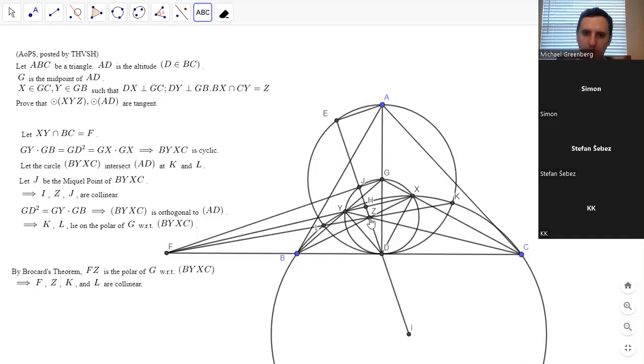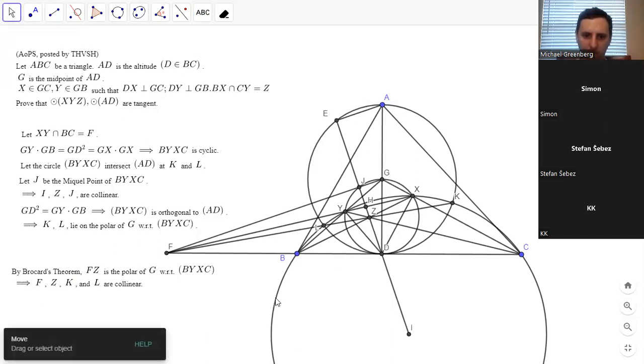But the question is, how do we know Z is on the polar of F with respect to this circle?